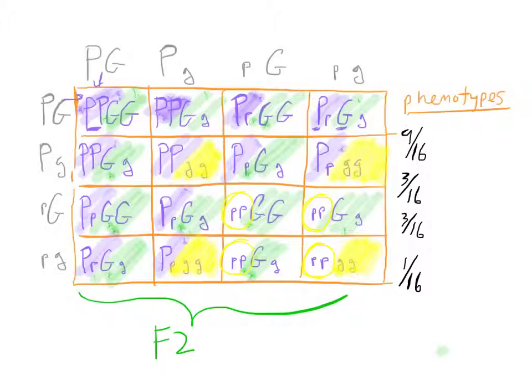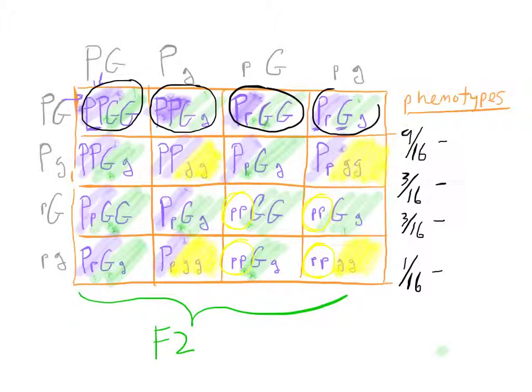The dihybrid cross always yields F2s in the following ratios: 9 out of 16, 3 out of 16, 3 out of 16, and 1 out of 16. So 9 of them are dominant for both traits, purple and green. So I'm just going to circle those 9, hunting for all the purple and green ones.